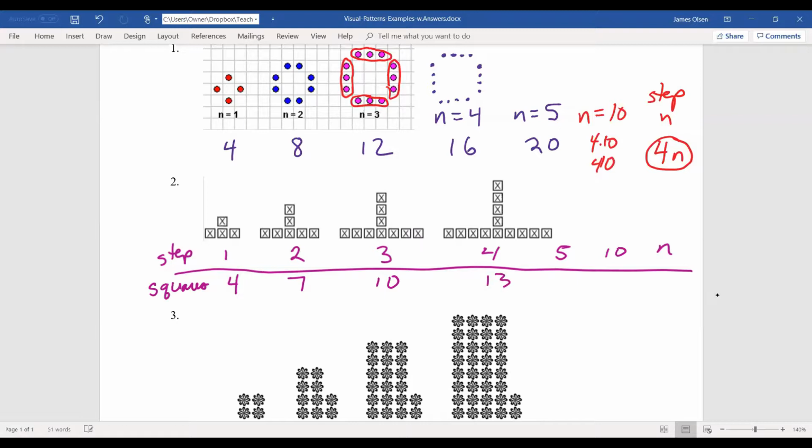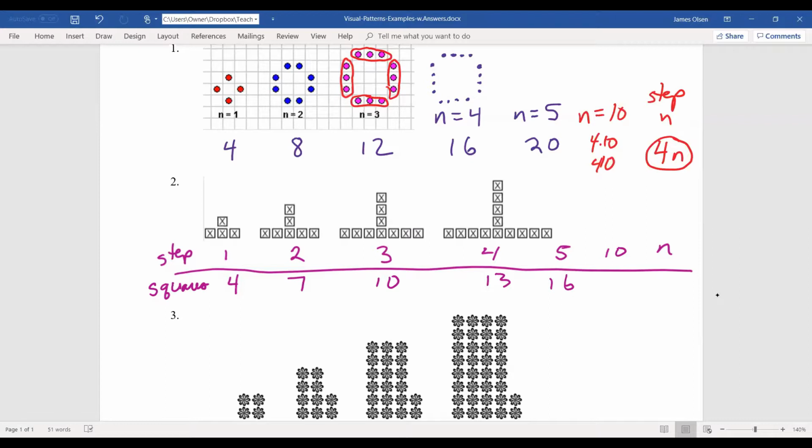13. And I can see numerically that I'm adding 3, but we shouldn't just blindly figure out that we're adding 3. We need to have a reason. Now, when we look at our diagrams here, we have a certain portion that is staying the same every time, and we have portions that are growing.